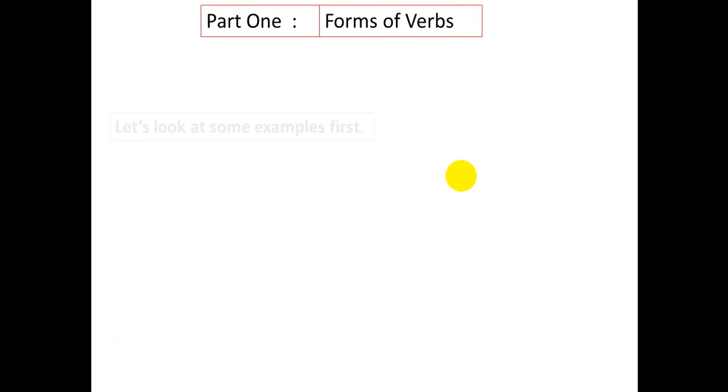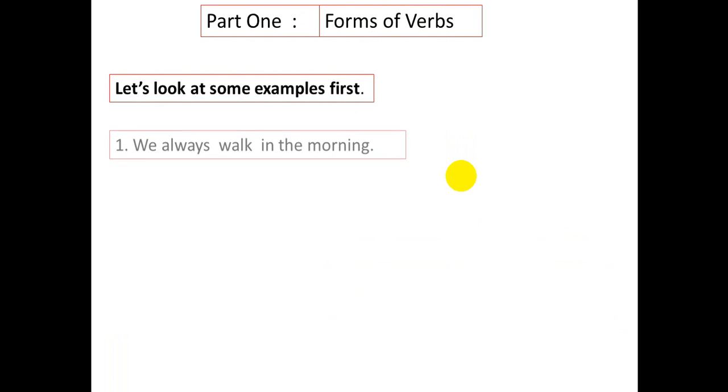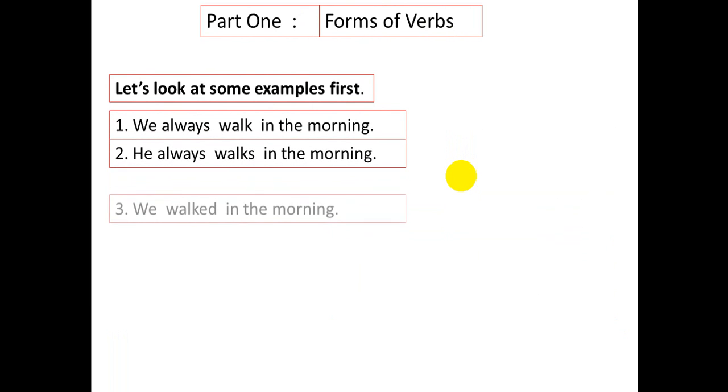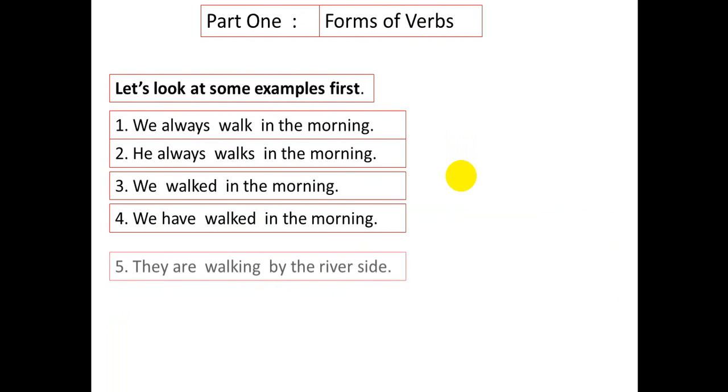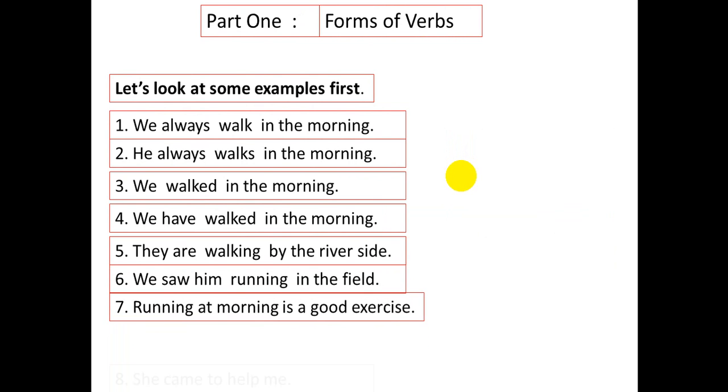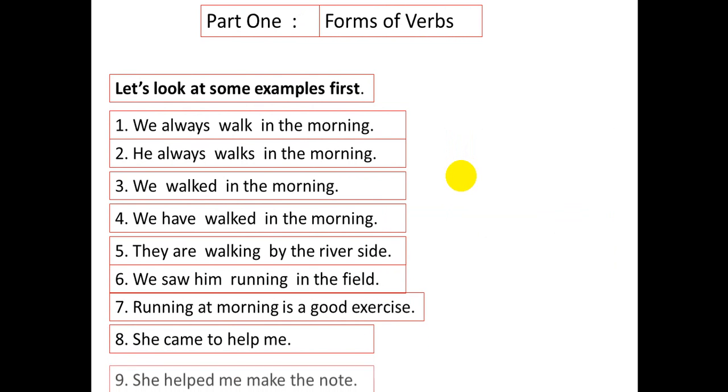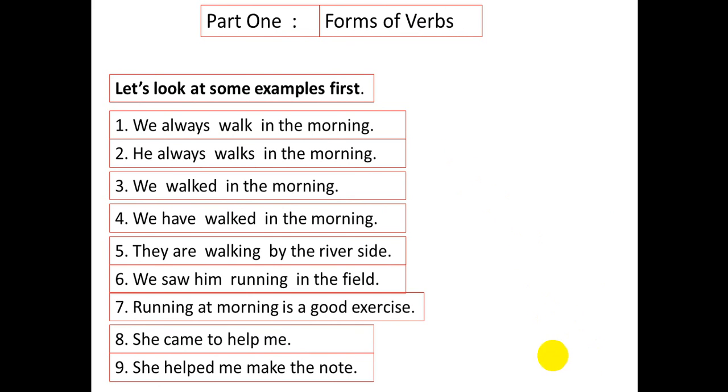Part 1, forms of verbs. There are the examples: 1, 2, 3, 4, 5, 6, 7, 8, and finally 9. If you look at the examples, especially the verbs, it will be clear to you that the verbs are not in the same form.